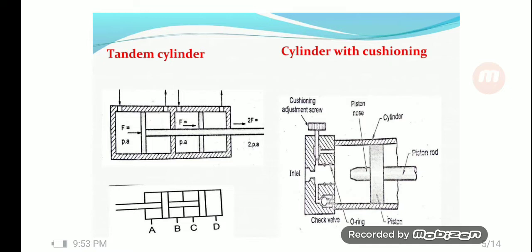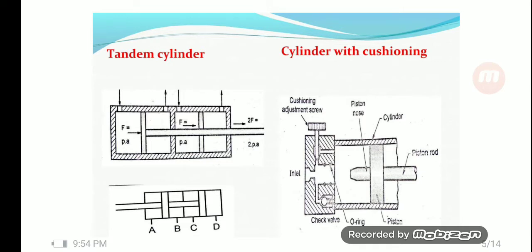The second diagram shows a cylinder with cushioning. We have to understand what is meant by cushioning. Cushionings are supports. When the piston rod gets back to its original position, the cylinder ends strike the head of the cylinder, due to which there is wear of the cylinder piston rod. To avoid this, cushioning of the piston rod is used.